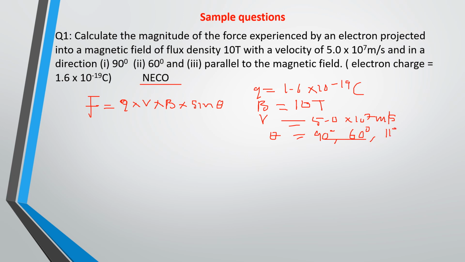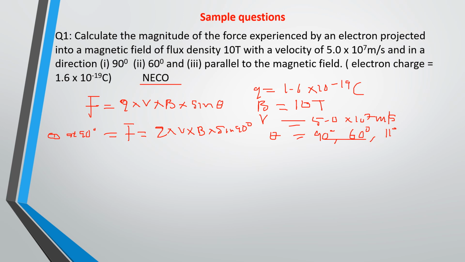So at 90 degrees, F equals Q times V times B times sine 90 degrees.